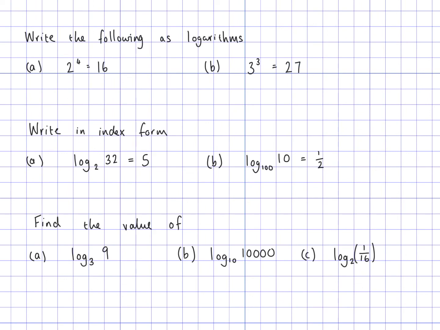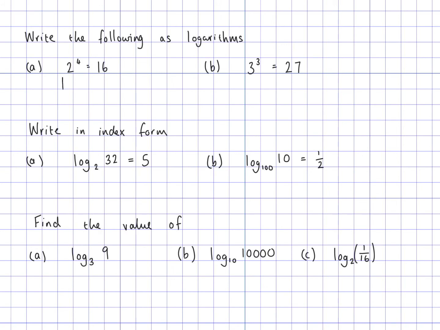Right, now what I'm going to do is write some equivalent expressions, or equivalent equations, to these, and we will find the value of these ones. So this first equation, you can see that it is correct. 2 to the power of 4 is 16. Now I can write an equivalent equation using logs here.